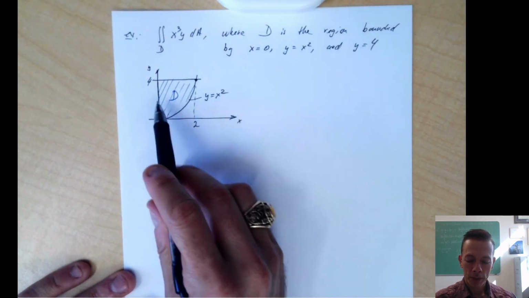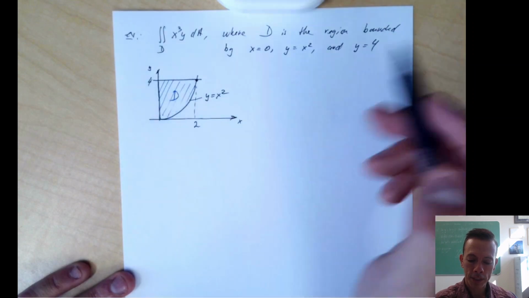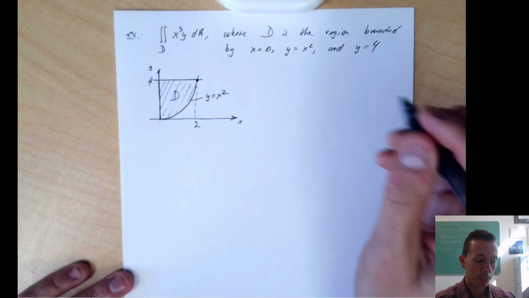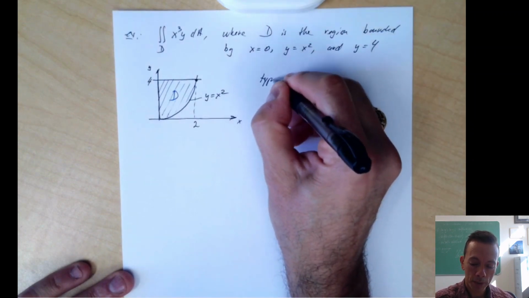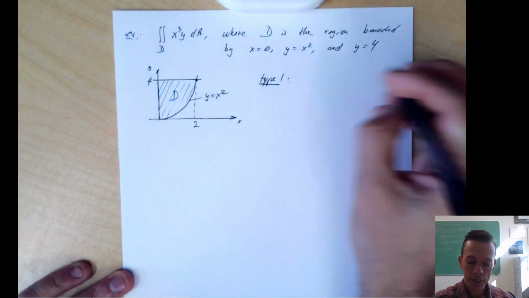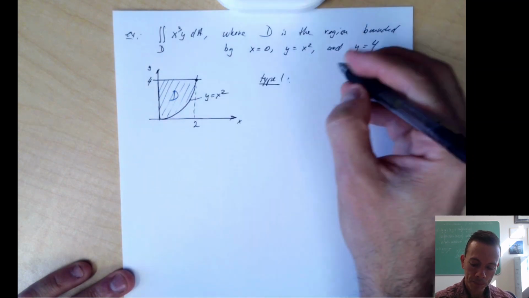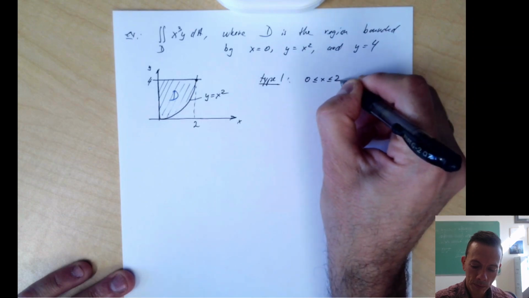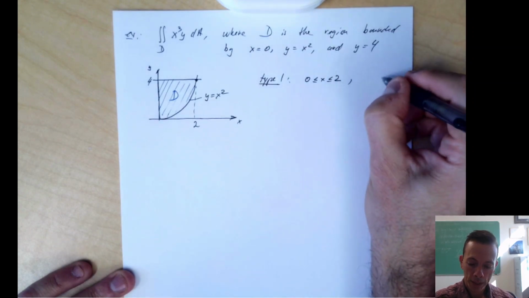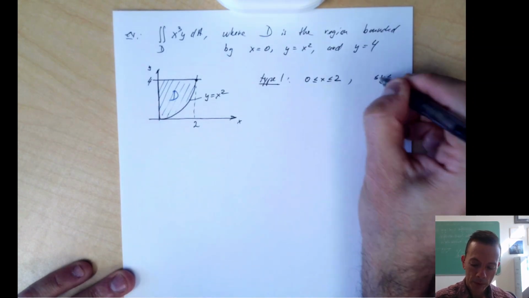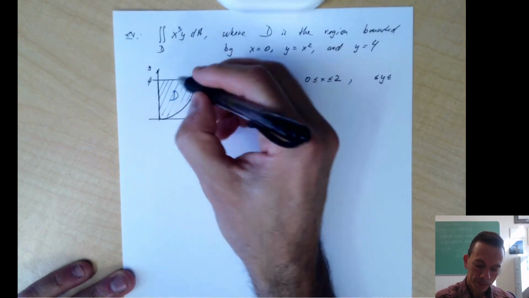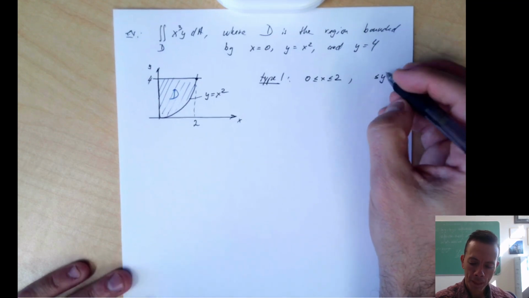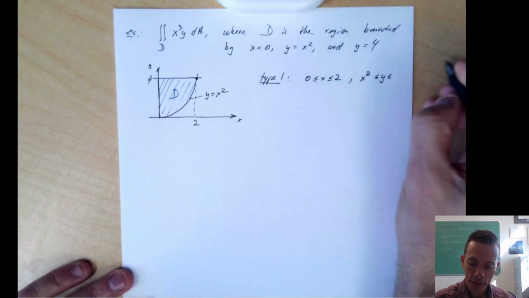Okay, so if you look closely, this region D is actually both types. It can be written as a type 1 or a type 2. You can write it as a type 1 by considering that x is between 0 and 2, and y is between x squared and 4.